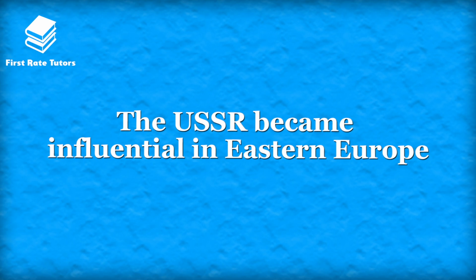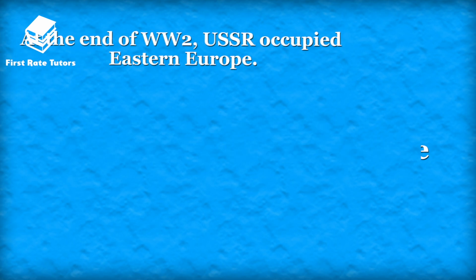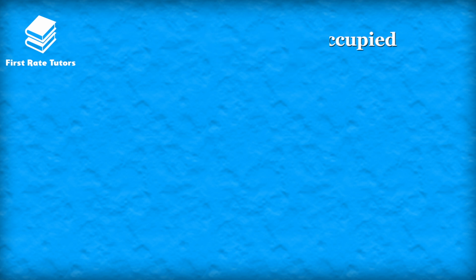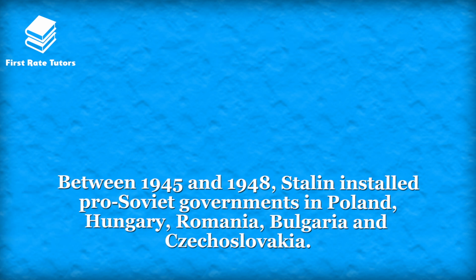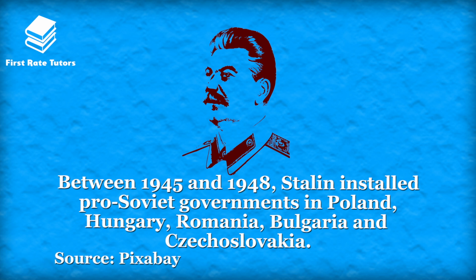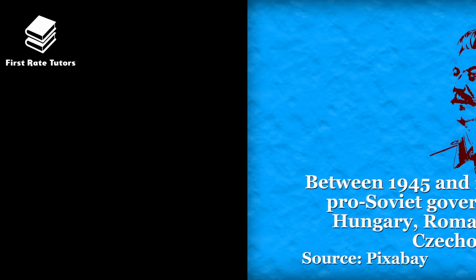Also, the USSR became influential in Eastern Europe. So firstly, at the end of the Second World War, the Red Army, which was the USSR's army, occupied Eastern Europe. These countries would pass into the USSR's sphere of influence after the war. And between 1945 and 1948, Stalin installed a pro-Soviet puppet government in Poland, Hungary, Romania, Bulgaria, and Czechoslovakia.